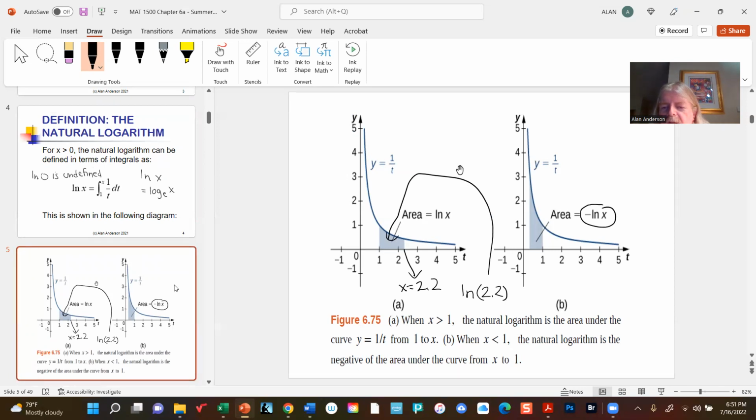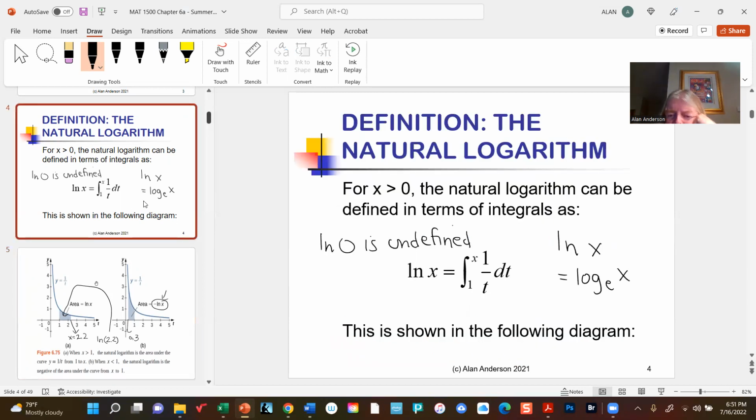Okay, so in other words, suppose this value is, I don't know, 0.3. Okay, so that log is this whole area, but it's the negative. If you took the log in this range, you'll get a negative number. So we have to replace our area with negative log x. But from 1 up to positive infinity, this relationship will always hold.